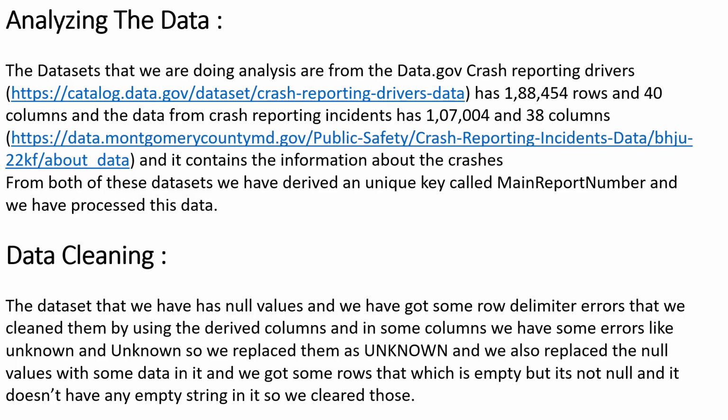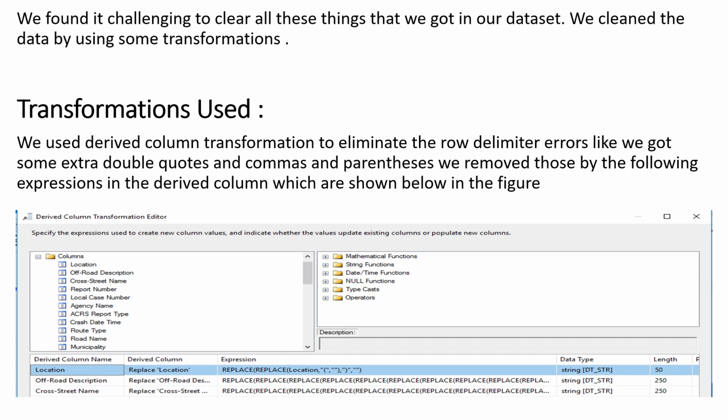We also had duplicate values like unknown, with capitalized and small-letter versions, and we finalized on capitalization. We found it really challenging to clear all these things in our data set, but we cleaned all of them.